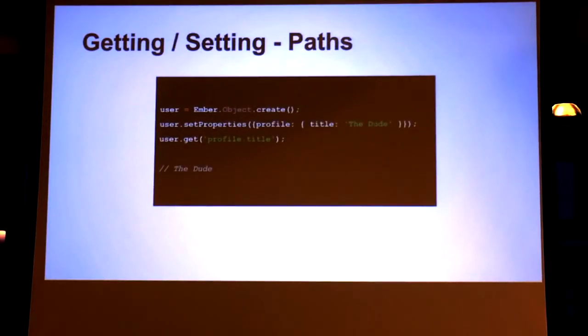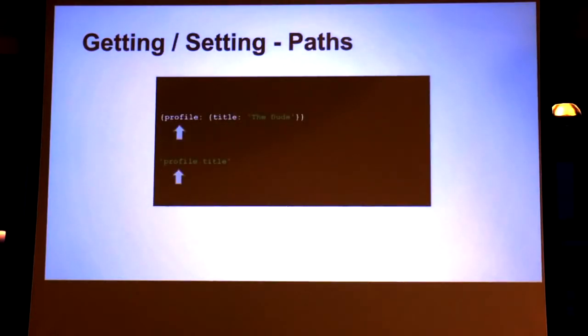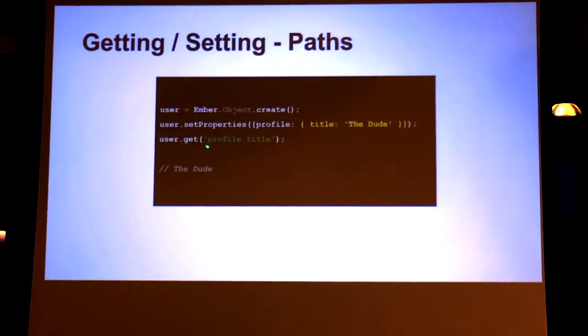If you want, you can actually pass in a more complex object. Rather than just a flat one-dimensional object, you can pass in an object that has indeterminate depth. So if we pass in this object here, profile, and the profile has its own object with a title property in it, in order to get that down below, we pass in this string path.